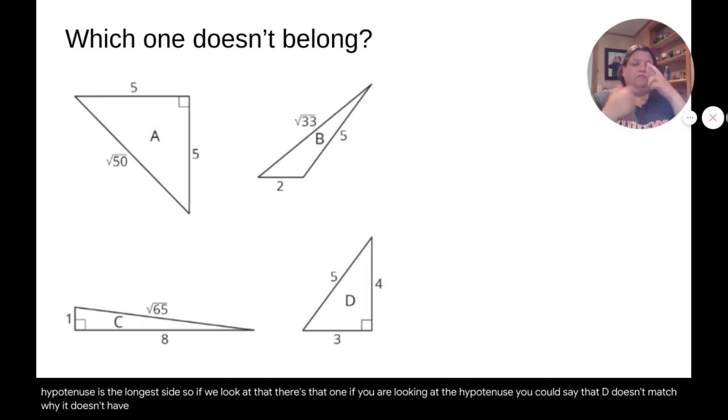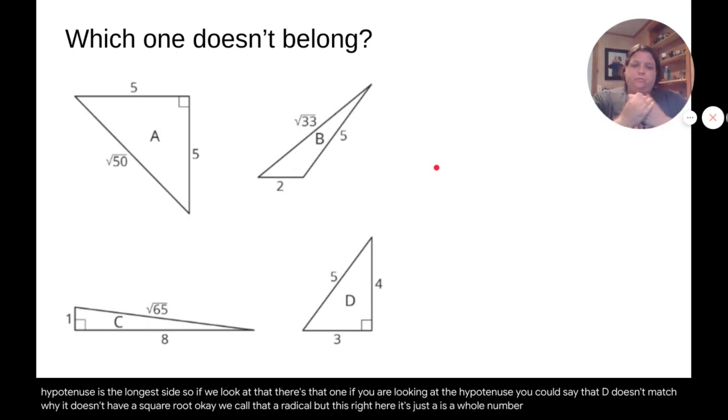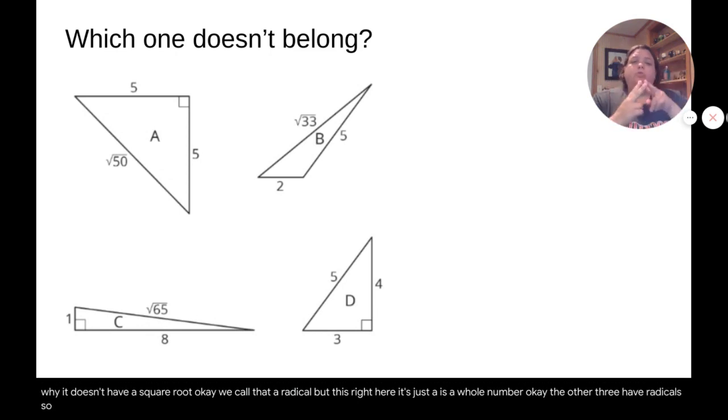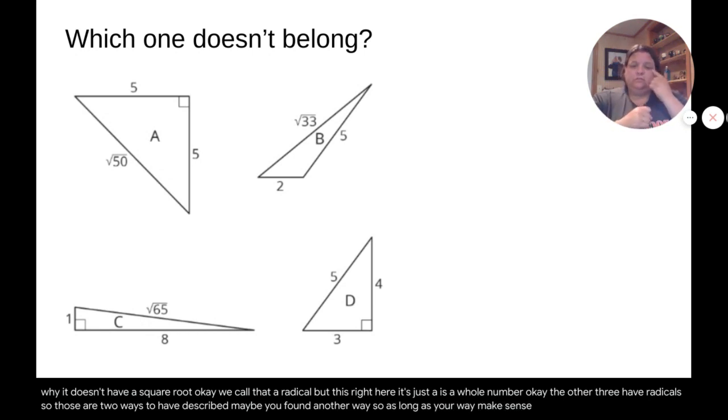It doesn't have a square root, okay? We call that a radical. But this right here is just a whole number, okay? The other three have radicals. So those are two ways to have described. Maybe you found another way. As long as your way makes sense and you can prove it with an explanation, then that's fine.